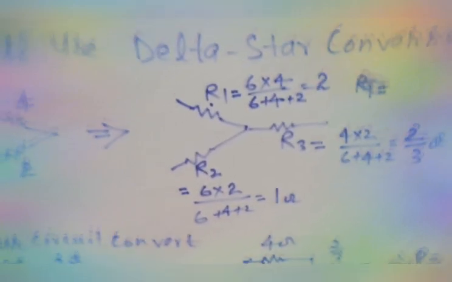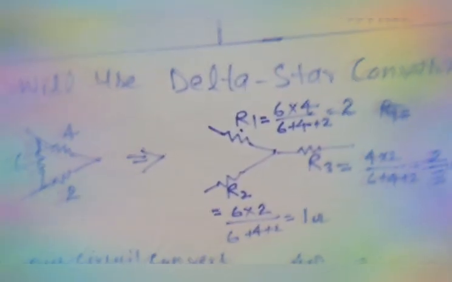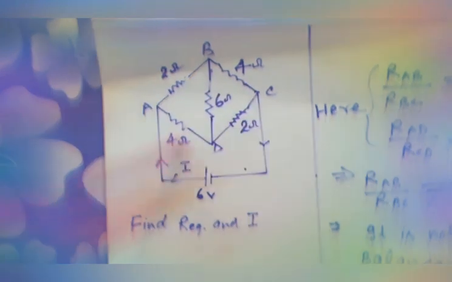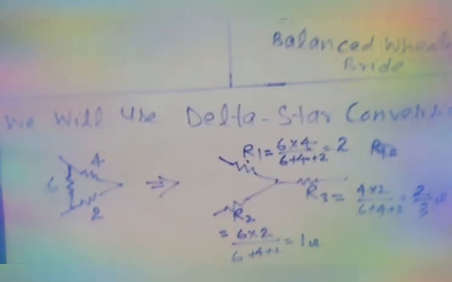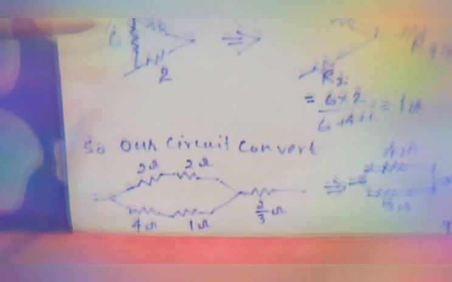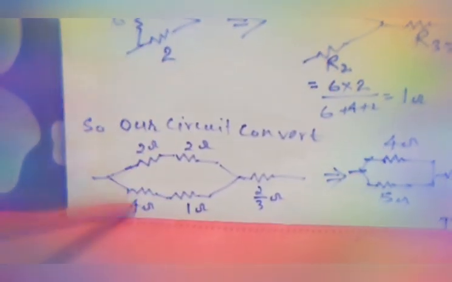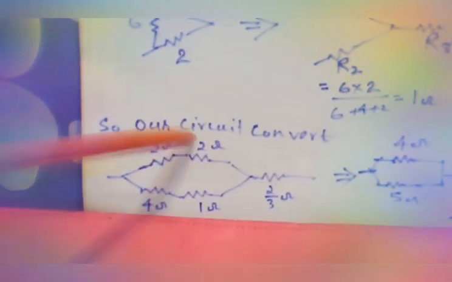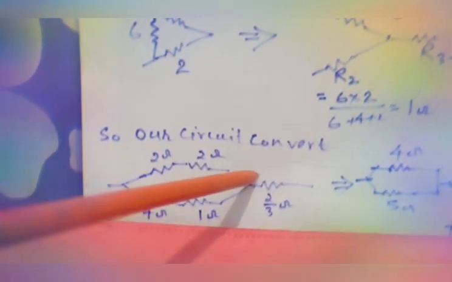So now we will replace this delta by the star, and our circuit looks like this. We already have 2 ohm and 4 ohm resistances from the question, and from the delta star conversion we get 2 ohm, 1 ohm and 2 by 3 ohm.